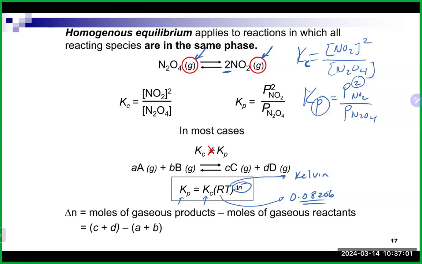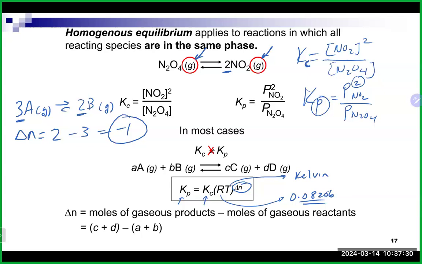For example, if I had 3A goes to 2B, and these are both gases, delta N would equal negative 1 because it is products minus reactants. So that's 2 minus 3, just the coefficients, giving negative 1. It's important to keep the negative there.